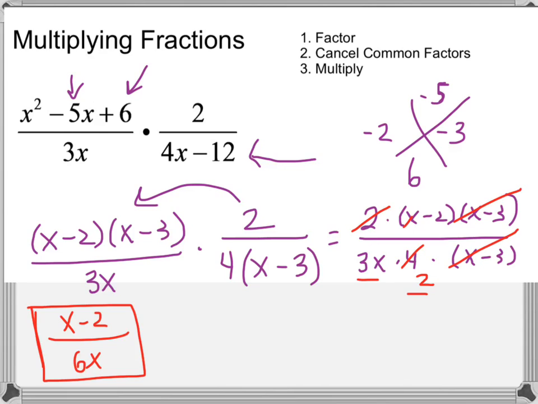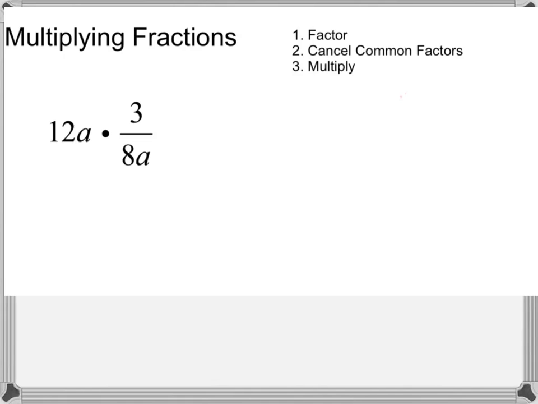Okay? All right, let's try another one. So I have 12a times 3 over 8a. Now 12a is not a fraction, so I'm going to make it into a fraction like this. So the numerator says I have 12a times 3, and the denominator says 1 times 8a is 8a.